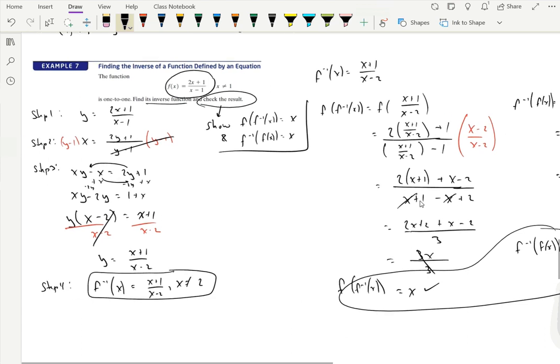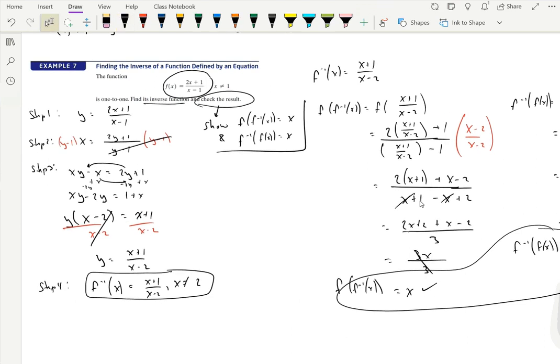So we've got it. That is all of the content for this particular section. What we're looking for is the idea of the inverse. We start off with one-to-one functions. If a function is one-to-one, then we can find an inverse. We went through graphically taking a look at that.